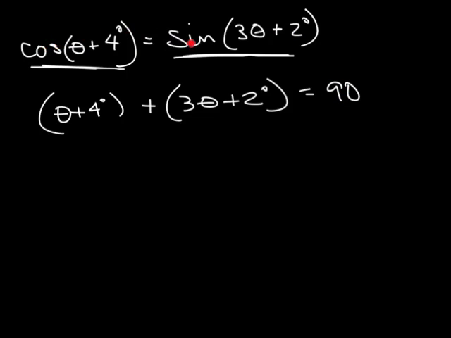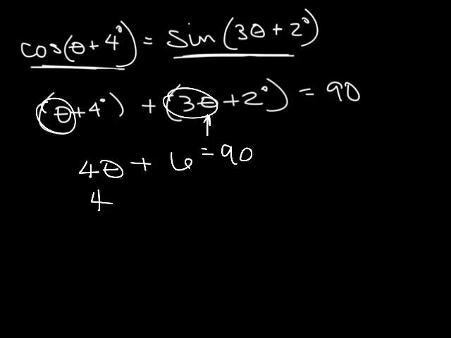If this were cosine and this were tangent, that wouldn't necessarily be true, but because cosine and sine are cofunctions, this plus this is 90. So now we add these up, and remember our theta is just a variable. Theta plus 3 theta is 4 theta, plus 4 plus 2 is 6, equals 90. 4 theta equals 84, and then we can just divide by 4 and get theta equals 21 degrees.